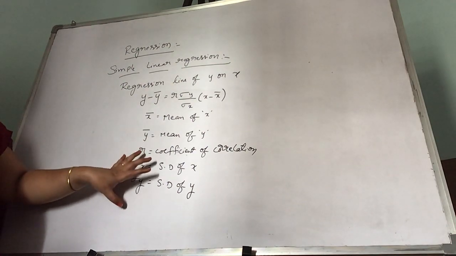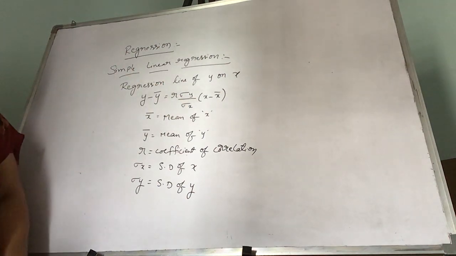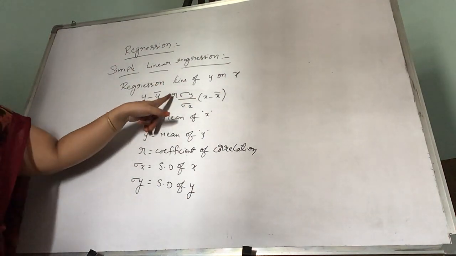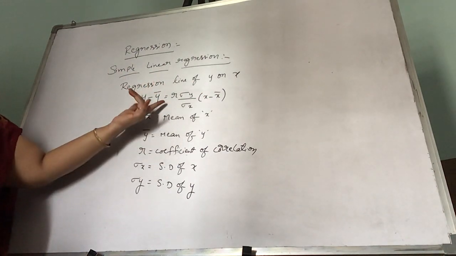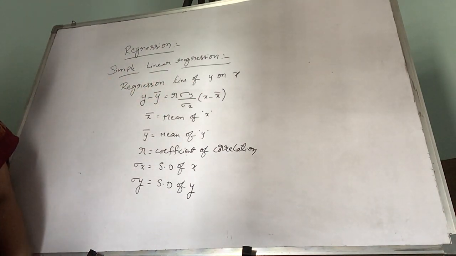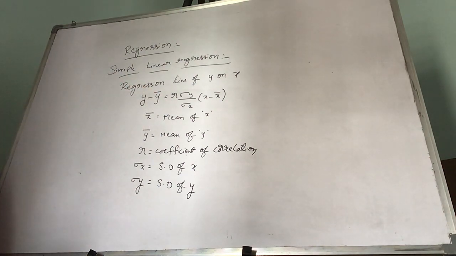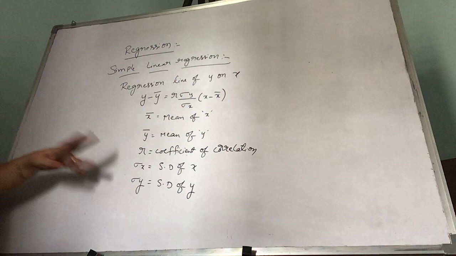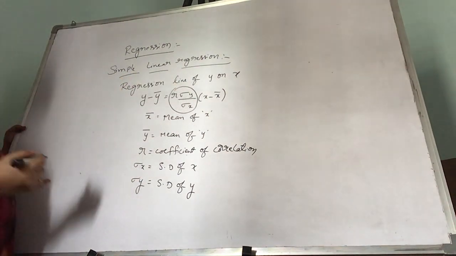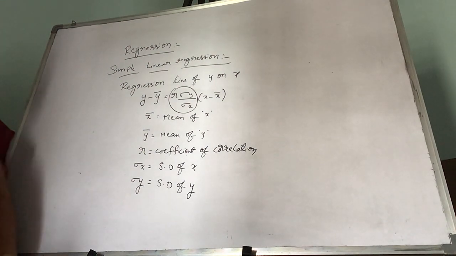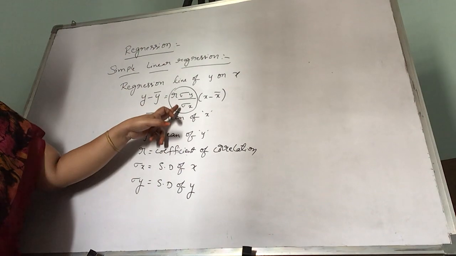After finding these values, we substitute all of them in this regression line: y bar, r, sigma y, sigma x, x bar. We get a relation between x and y, that is a linear relationship. This is the regression line of y on x. Here r into sigma y by sigma x is the slope of the regression line.